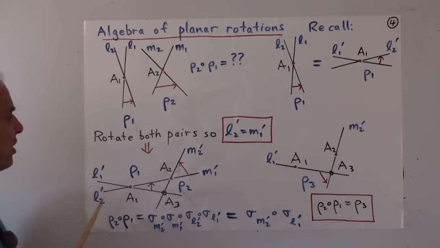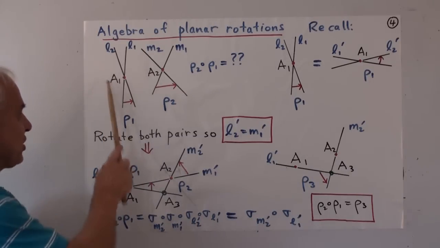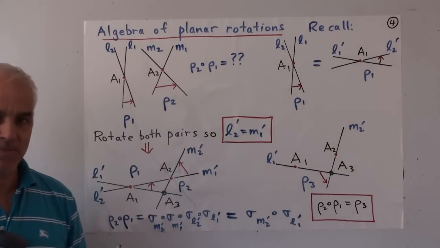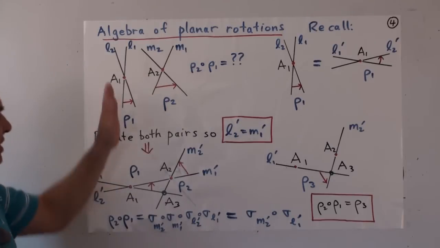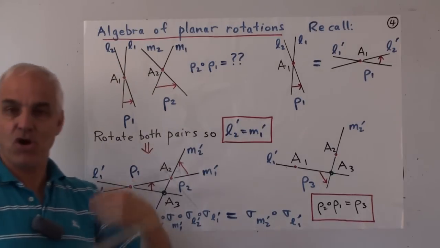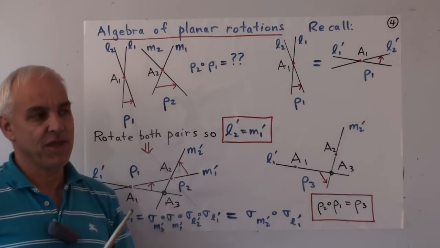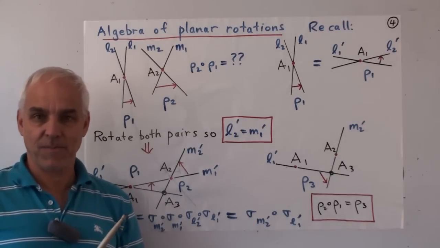All right, so how are we going to compose this rotation followed by this rotation? Well, the key is to remember that this pair of lines that encodes the rotation is not unique.